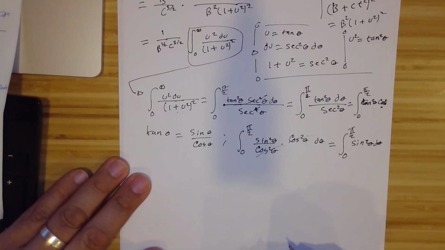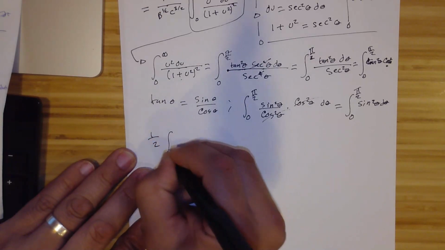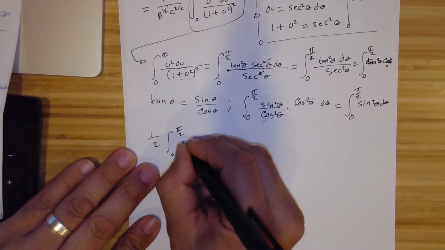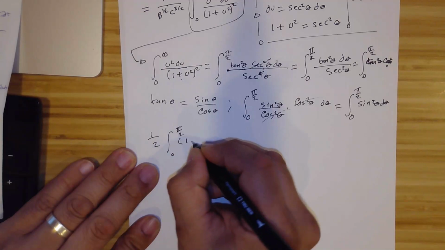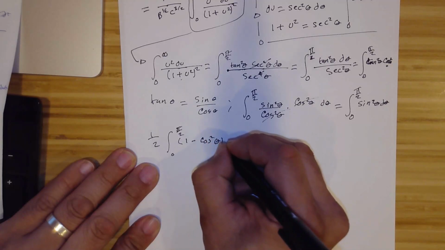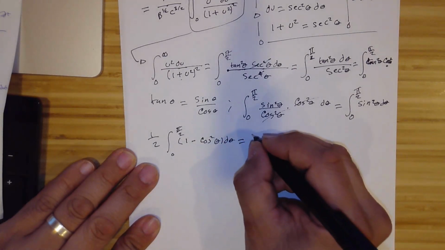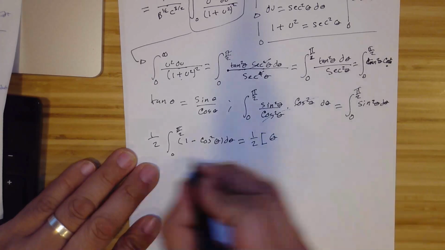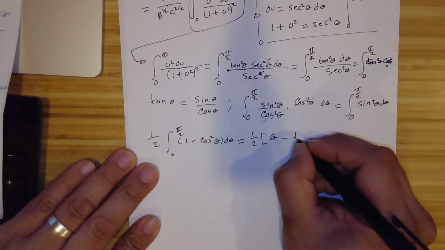Now what? How can we solve this? Let's apply another substitution. From 0 to pi over 2, sine squared of theta is the same as 1 minus cosine of 2 theta over 2, d theta, right? Minus one half of the cosine of 2 theta.